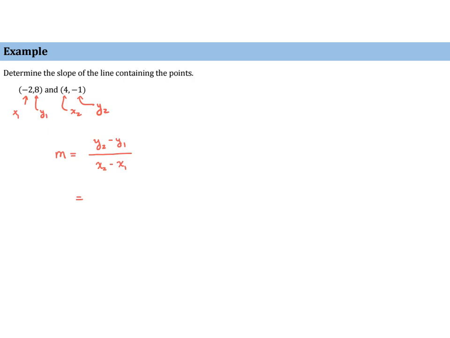So y2 is -1 minus y1 over x2 minus x1. So we get -9 over +6, and so this is going to be -3/2.